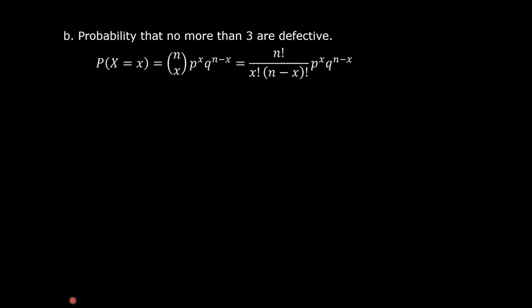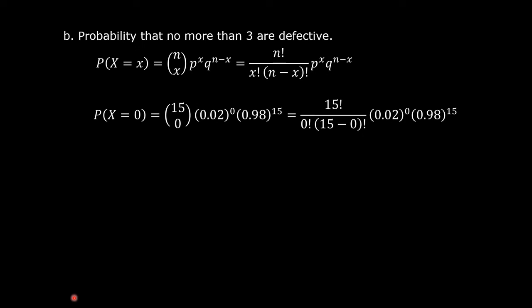Let us write first the formula. In the formula, we are going to substitute 15 for n, 0 for x, 0.02 for p, 0.98 for q.